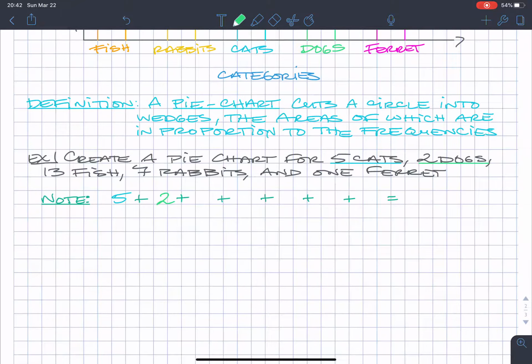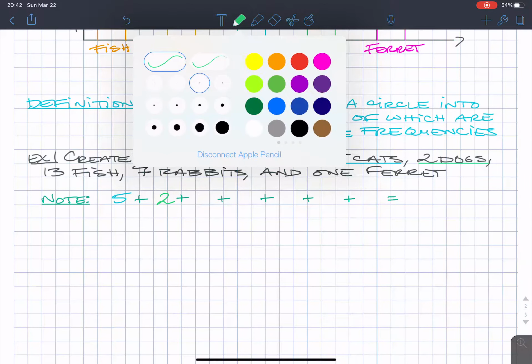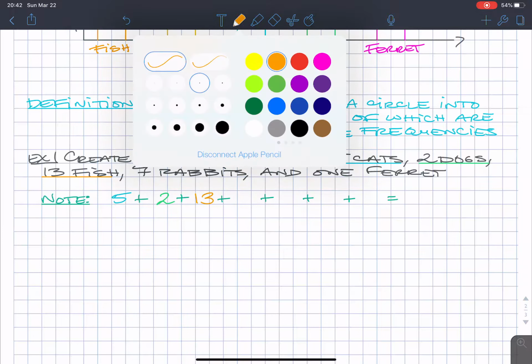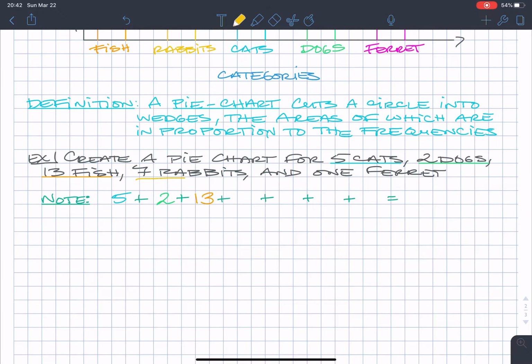I'll keep the 13 fish. 7 rabbits. And 1 ferret. Oh, I really got that wrong, didn't I? I didn't need all those pluses.